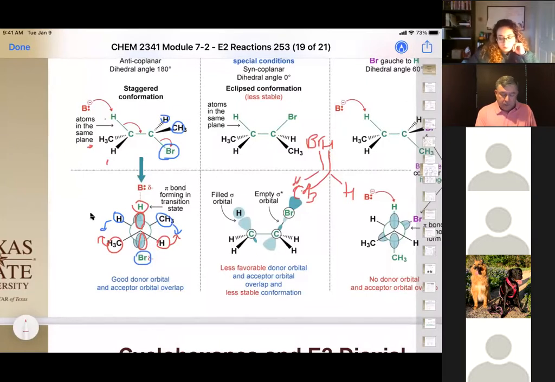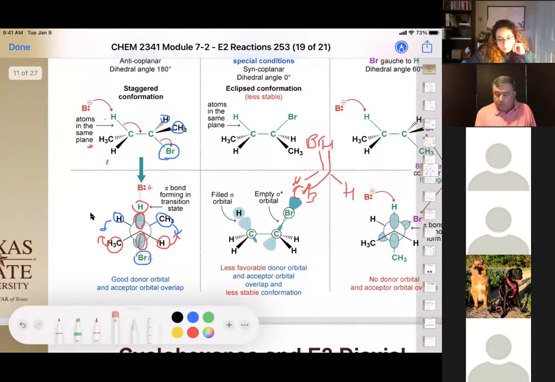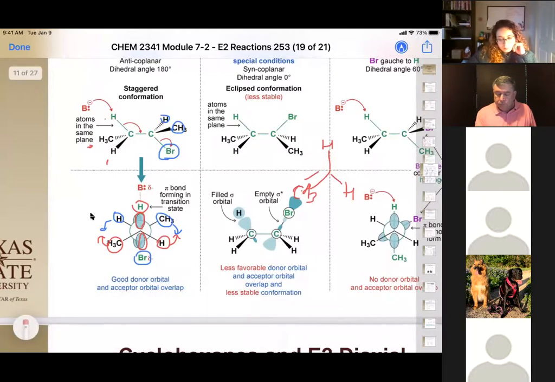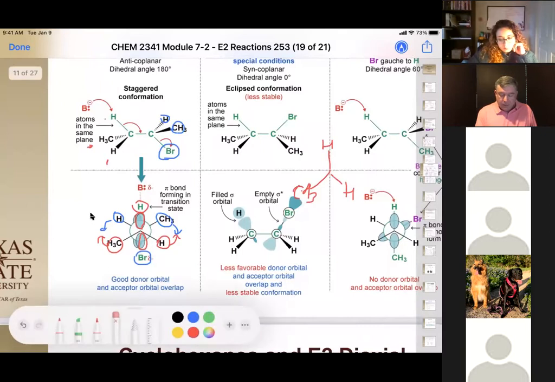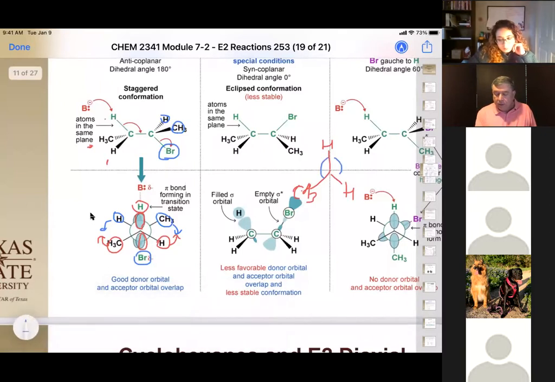Let me do it in a different color so you can see the back one. Here we have the rear carbon, and it's going to have the bromine on it, a methyl group, and a hydrogen. So first, we have an eclipsed diagram here. This is not very stable. We have big groups kind of coming together.